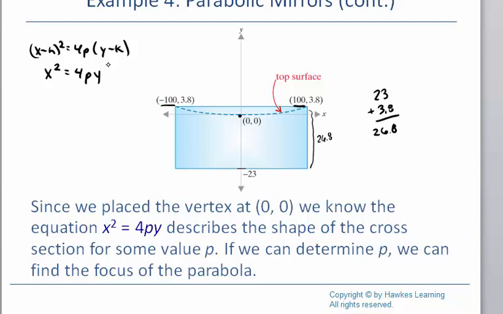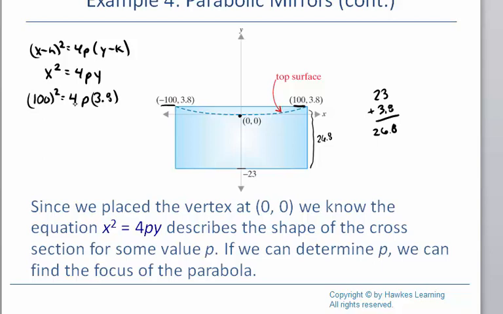All right, so what do we know? We need to come up with an x and a y value that we can plug in. I'm going to take one of these points. I think I'm going to use the positive one just because it'll be a little bit easier. I'm going to put a 100 in for the x and a 3.8 in for the y, which is going to allow me to solve for p.